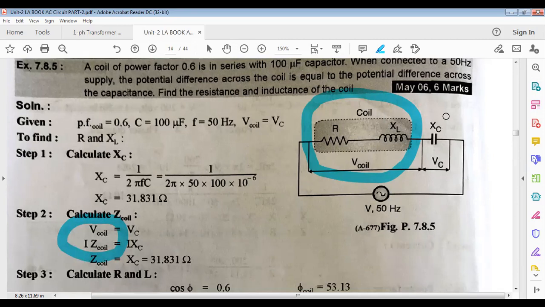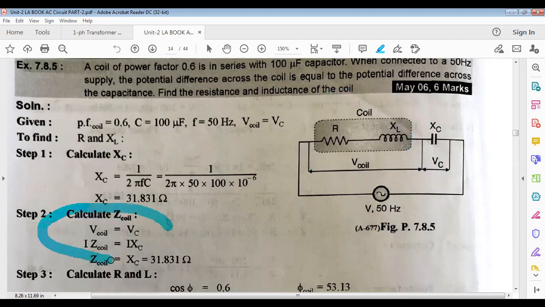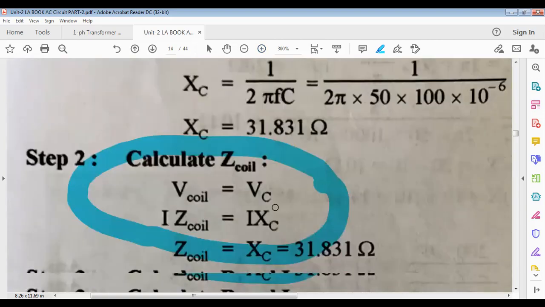And current flowing through capacitor is I, and its reactance is XC. So what will be the value of VC? I into XC. See here, everyone can see.